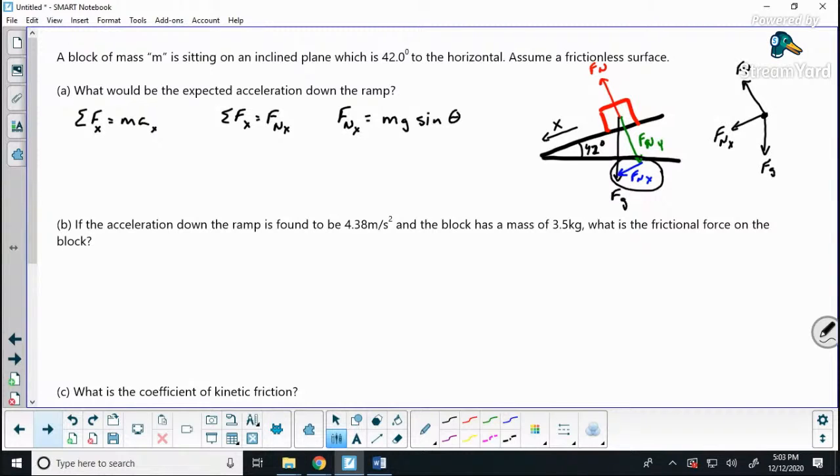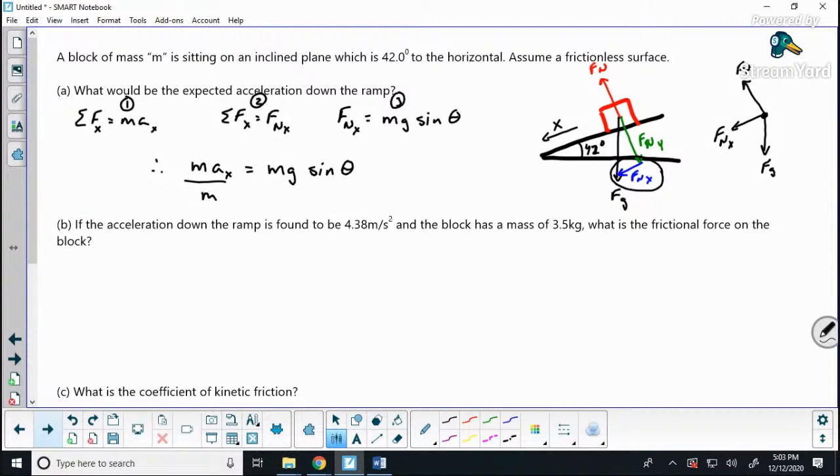So I can take this information and the relationship between these three equations. If my first equation, net force in the x equals mass times acceleration in the x, but my net force in the x equals my force normal in the x, and force normal in the x is mg sine theta, therefore mass times acceleration in the x would have to equal mg sine theta.